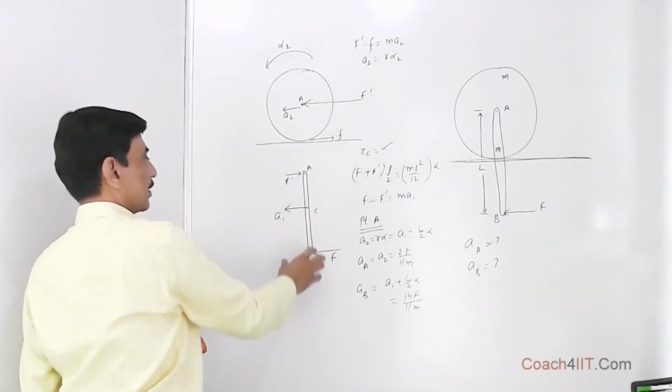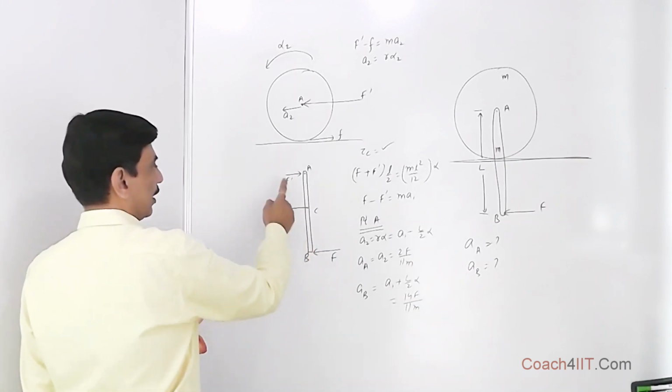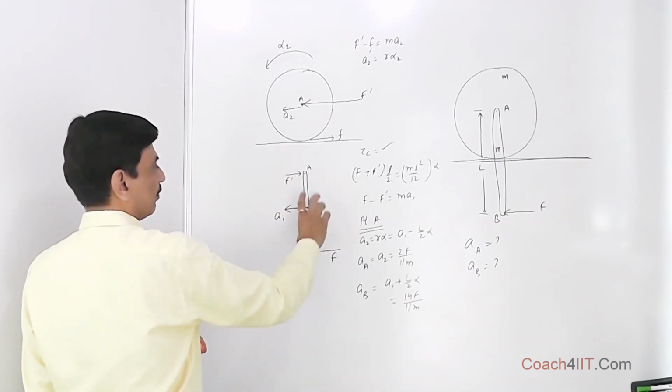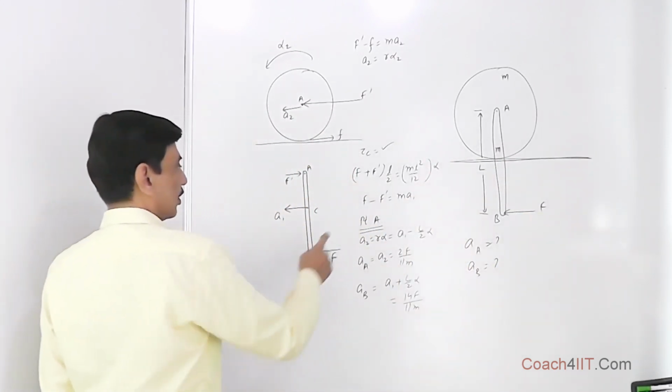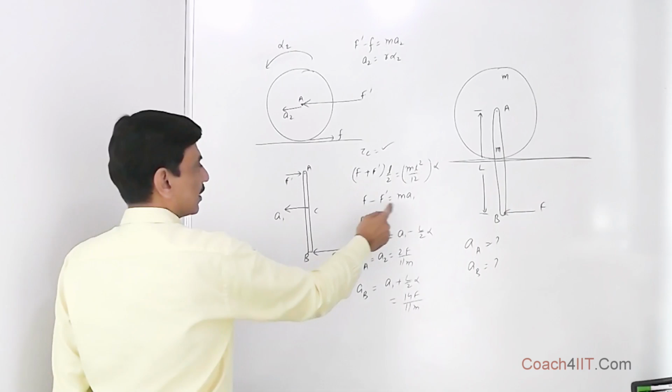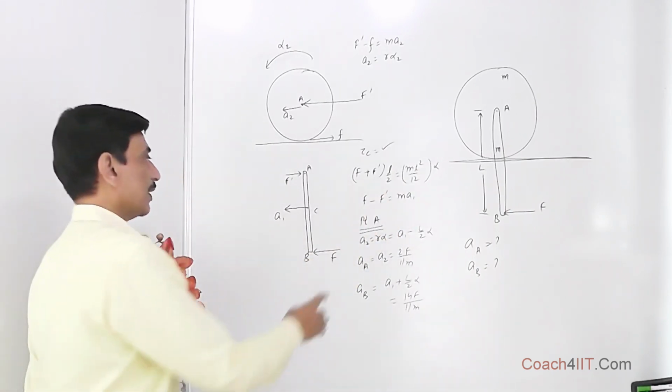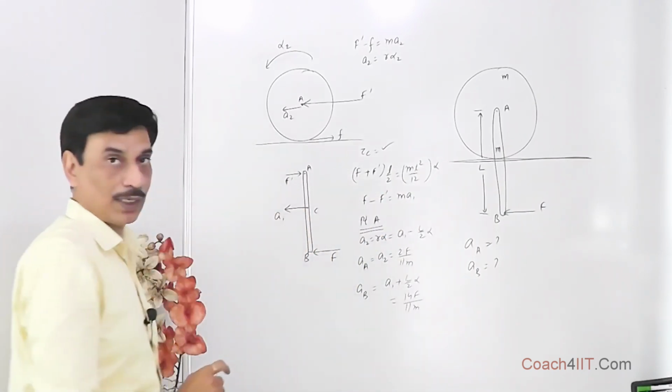Coming to the rod, net force F is over here, F dash is over here. Obviously the center of mass will accelerate in this direction when you apply force. So F minus F dash is equal to M into A1, where A1 is the acceleration of the rod's center.